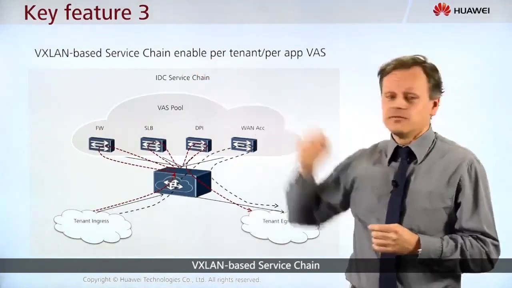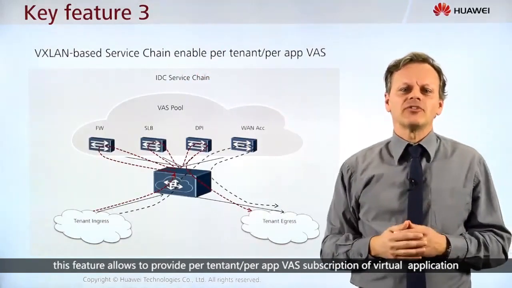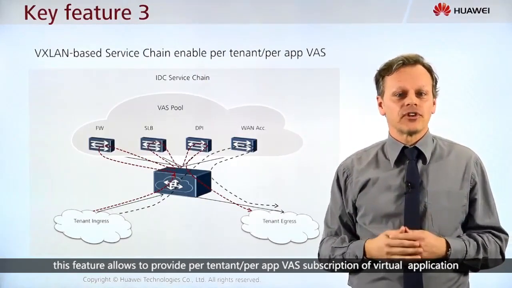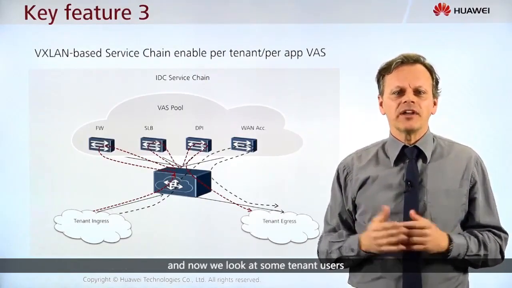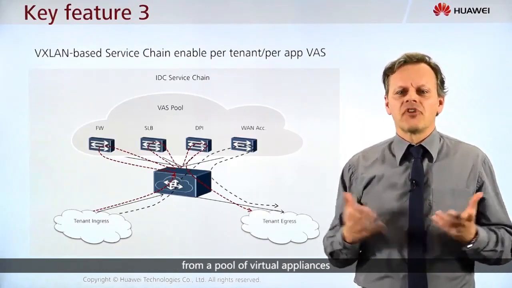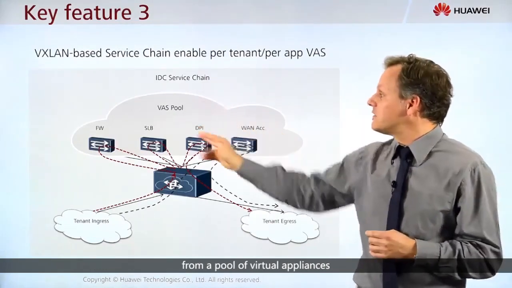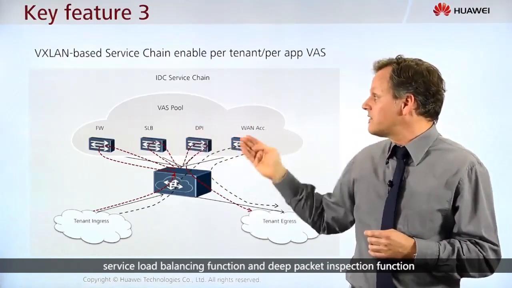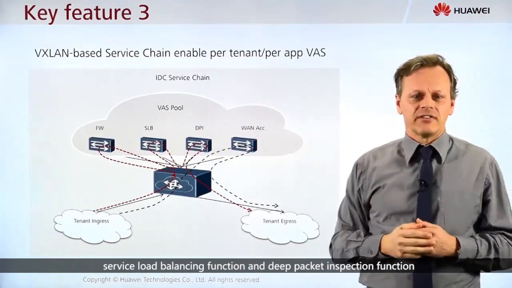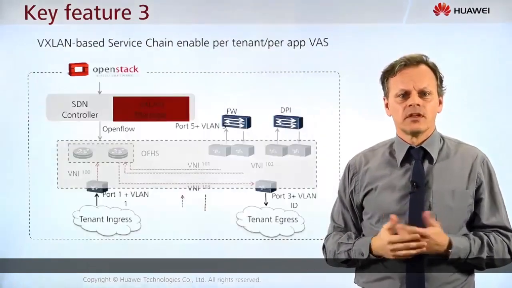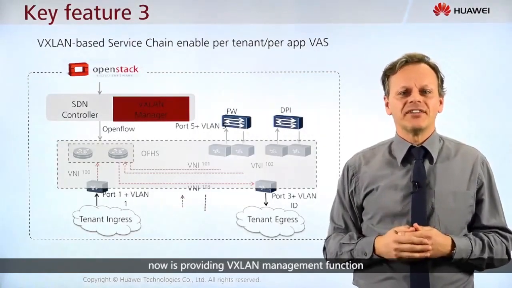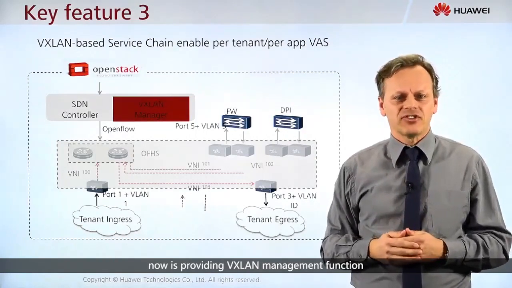Key feature 3, VXLAN-based service chain. This feature allows to provide a per tenant or per app-based subscription of a virtual application. In our example, the tenant uses from a pool of virtual appliances, firewall function, service load balancing function, and deep packet inspection function. Our centralized SDN controller now is providing the VXLAN management function.